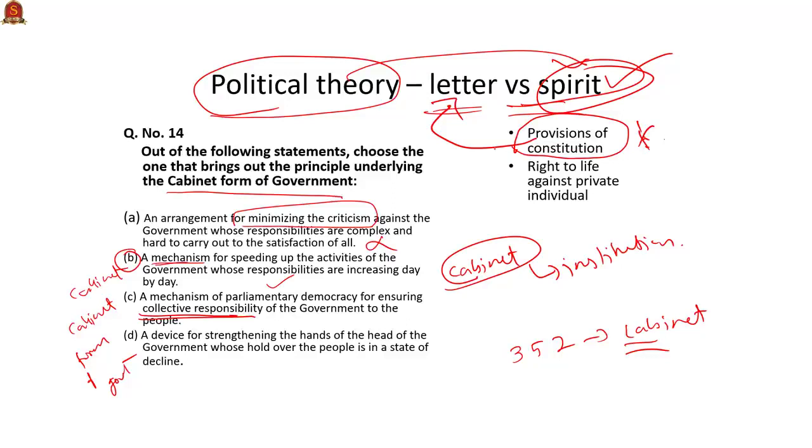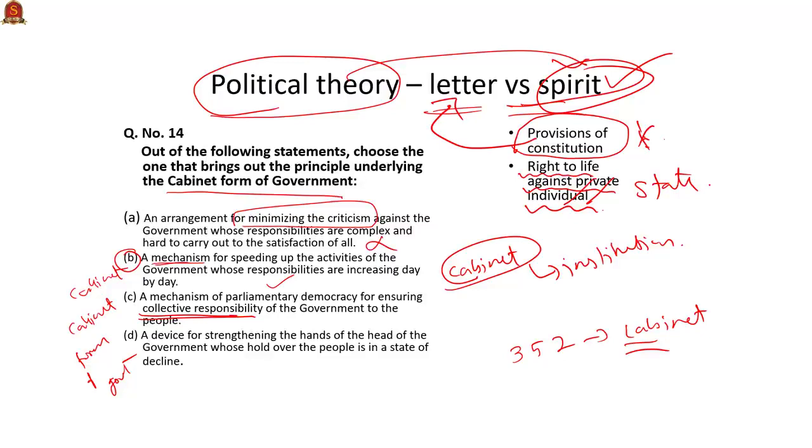Now, right to life against a private individual. Listen carefully. Right to life is there in Article 21, but it is against the state, not against a private individual. But logically, if an individual is killed, it is a very bad thing, and the very sacrosanct thing, life itself, is eliminated. So life is a fundamental right, whether it is eliminated by government or by a private individual.